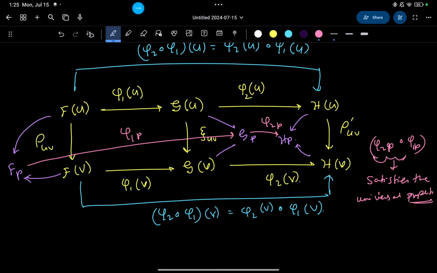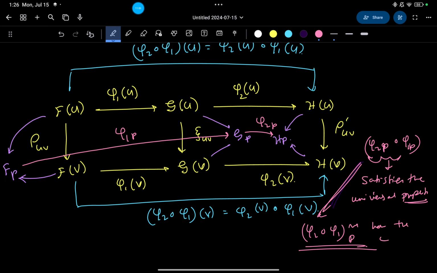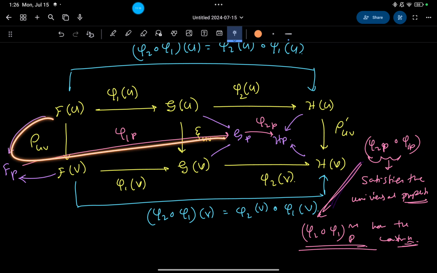As this satisfies the universal property and the maps between the stalks are constructed just by satisfying the universal property, then of course this should be phi2 composed with phi1. So by the construction, as I have mentioned, just with respect to phi p to gp.